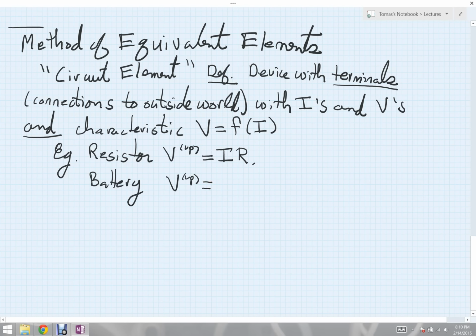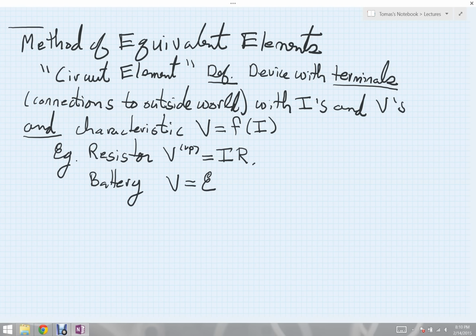Actually, I shouldn't call it the upstream voltage because it really doesn't matter which direction is upstream or downstream. It's just the voltage from the minus to the positive terminal is always a fixed constant determined by the chemical reaction, E. So that's the idea of a circuit element.